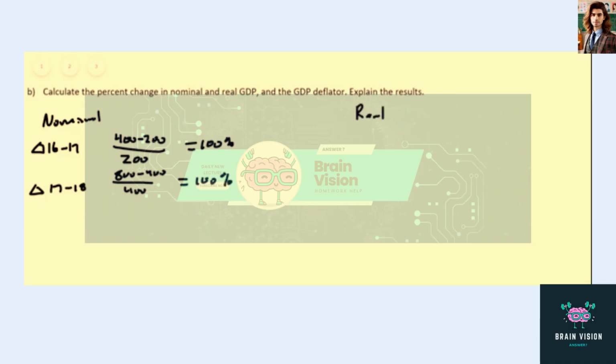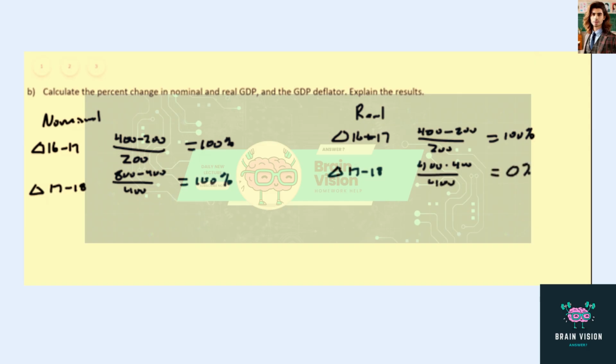For real GDP, the change between 16 and 17 is 400 minus 200 over 200, which is also a 100% change. And the change between 17 and 18 is 400 minus 400 over 400, which is a 0% change.